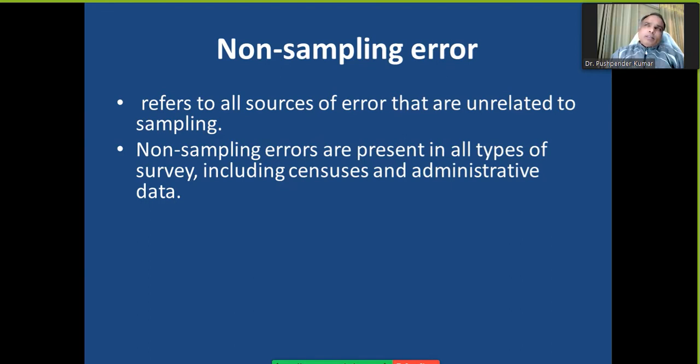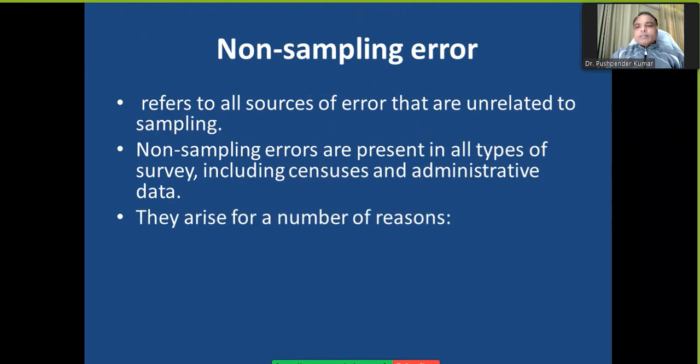Now whenever you collect data, there will always be a chance of error, not because you haven't taken the right sample or used the right sampling method, but there may be other causes also. So what are these? They arise from a number of reasons.